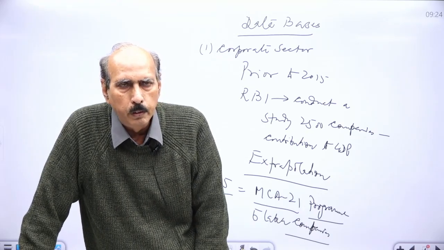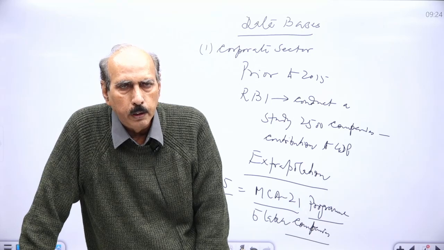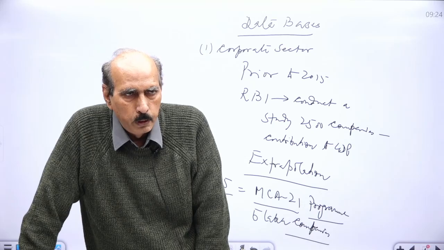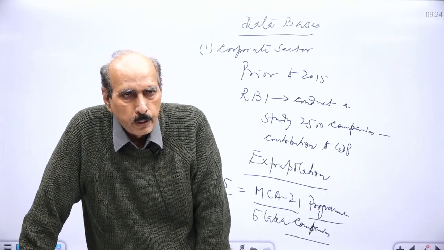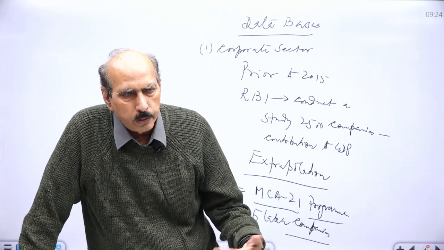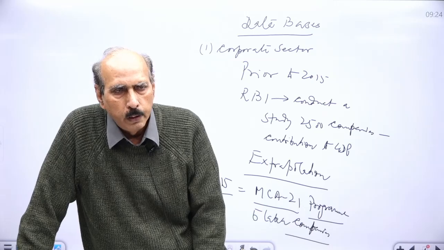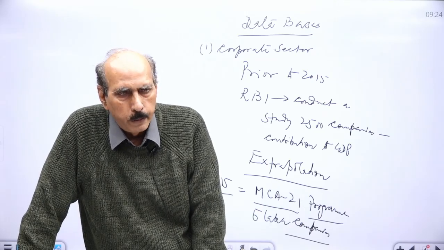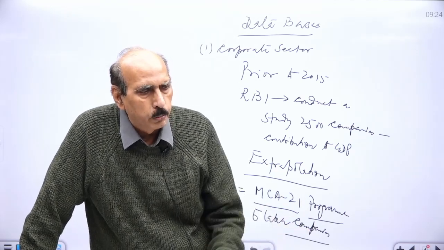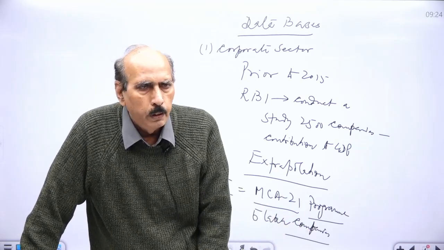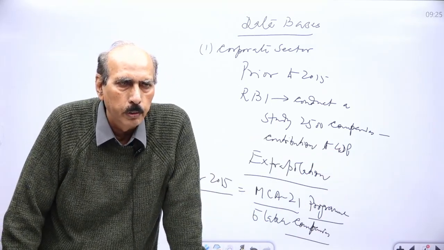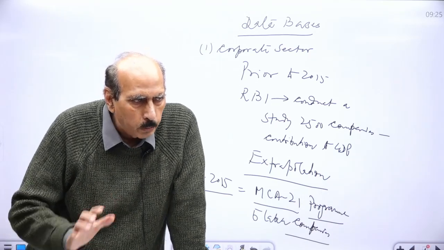In the revised methodology, we started taking into account all the autonomous bodies and local bodies which receive 60% of the government grant in their normal functioning, because इनकी कोई income तो ज़्यादा है नहीं. They receive the grants from the government. Of their total income is received as a grant from the government. All are included. As a result, we are now including the lakhs of the autonomous bodies and local bodies in assessing their contribution to GDP. The third major database has been changed.